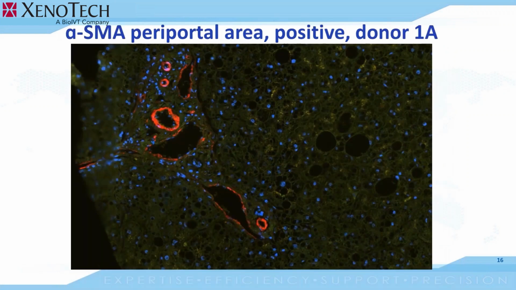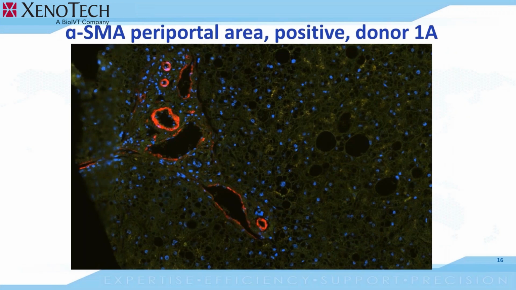Finally, I'd like to illustrate one example of research facilitated by the arrays: analysis of activation of liver stellate cells. Smooth muscle actin is a marker of activated stellate cells. On the left-hand side of the slide, you have the image of a periportal area, and in red, smooth muscle actin is stained.